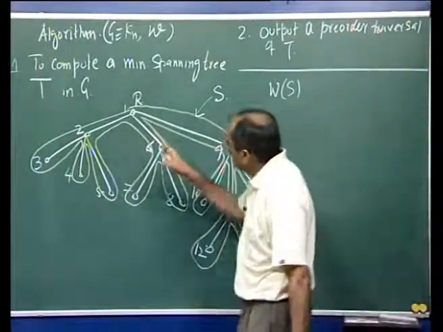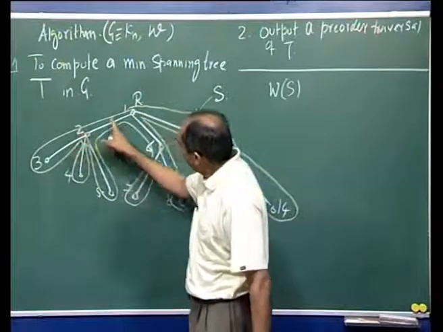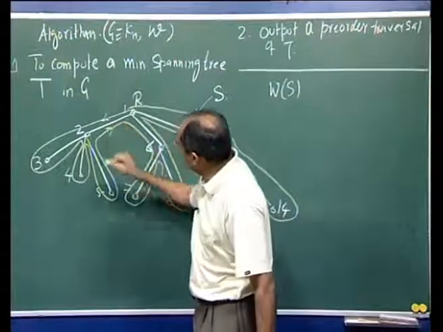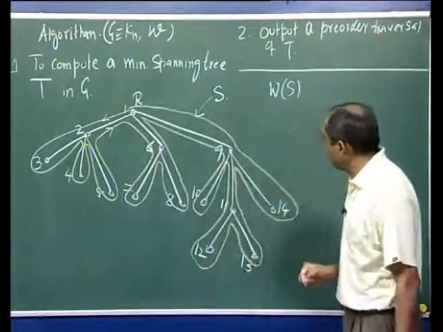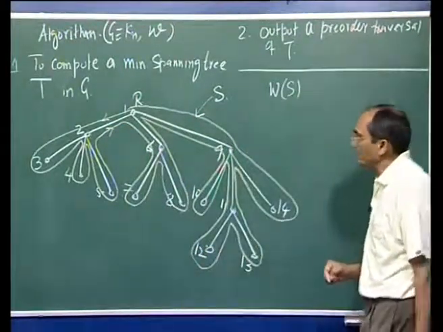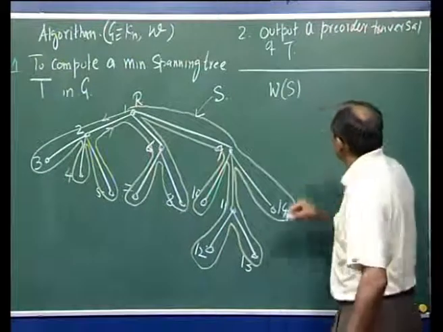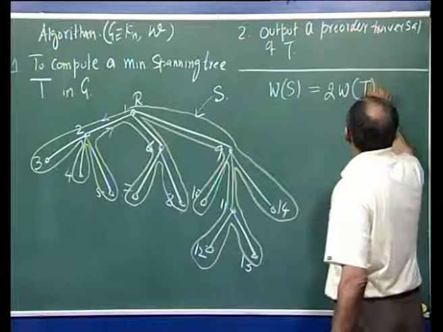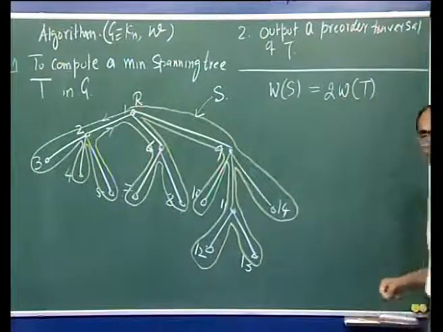For any edge, we go once in one direction and a second time in the other direction. So, the weight of S is precisely 2 times the weight of the tree, which is trivial.